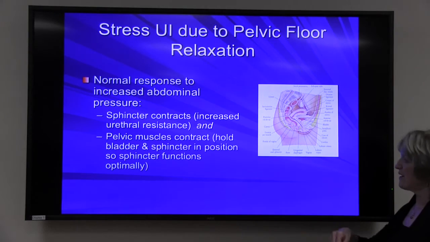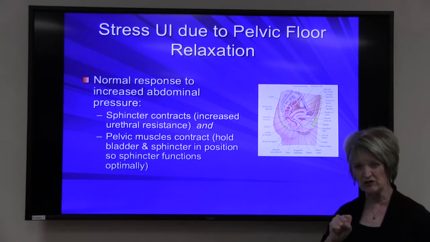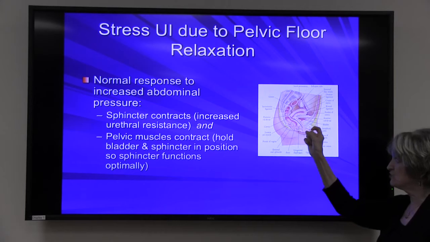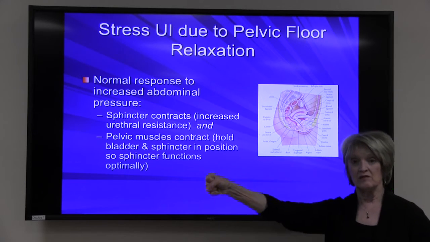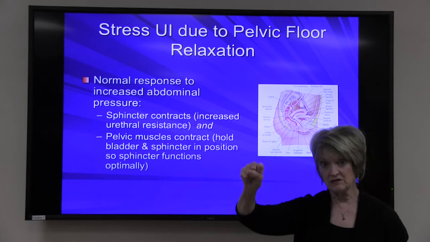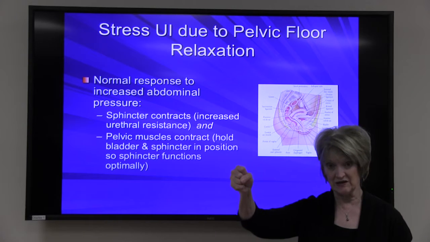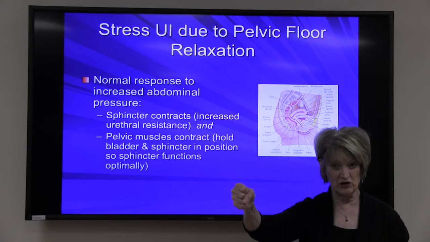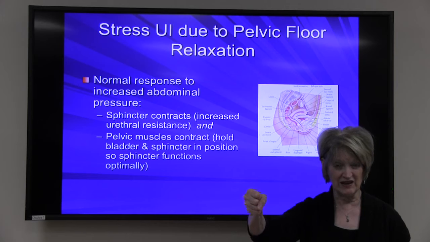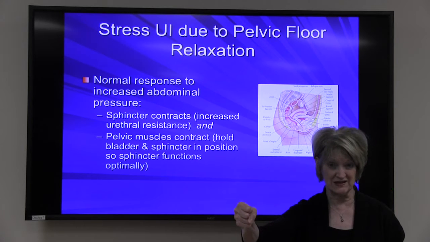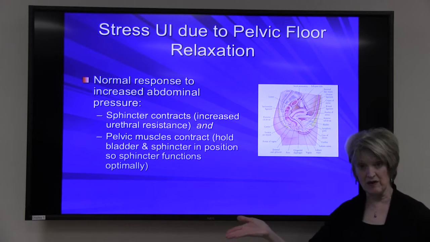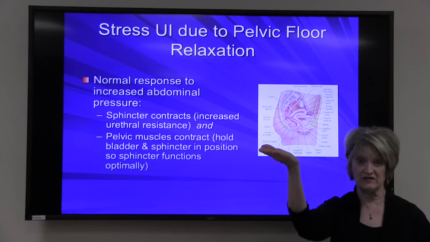Well, here's what normally happens. When you cough or you laugh or you lift or you sneeze, you're going to get sphincter contraction, both that guarding reflex, which is reflex activity, and voluntary contraction of the sphincter. And when the sphincter contracts, it closes around the urethra and significantly increases urethral resistance. Also, when you contract the pelvic floor, you get that lift.